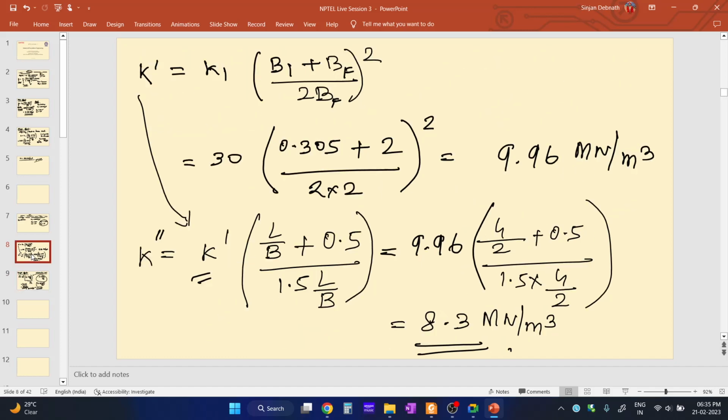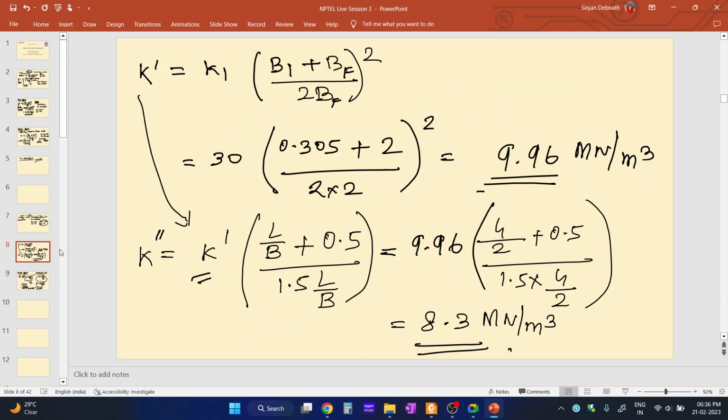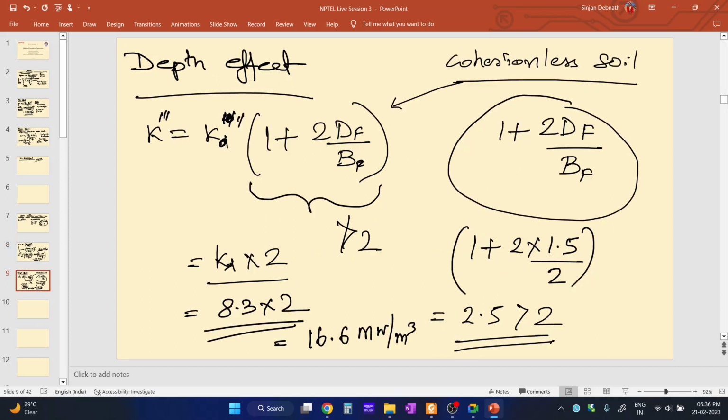I think this is easier. So k dash is equal to 9.96, so 9.96 comes over here. This one is k double dash, and the depth effect will be k triple dash. So k double dash is here, you see, it is 8.3. So it is 8.3, right? K double dash.